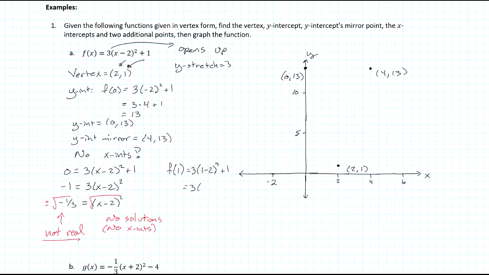This will be 3 times negative 1 squared plus 1. Negative 1 squared is just a 1, so this will be 3 times 1 plus 1 equals 4. So we have the point 1, 4 right here, and we can reflect this over that axis of symmetry to get this point 3, 4.